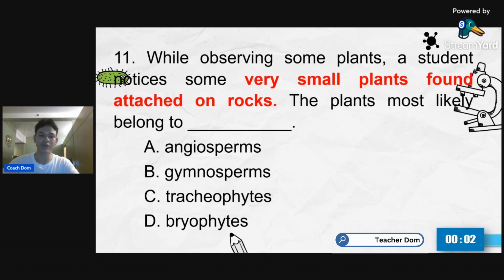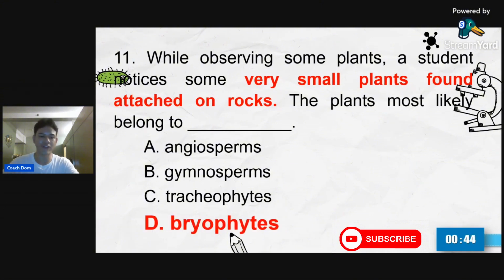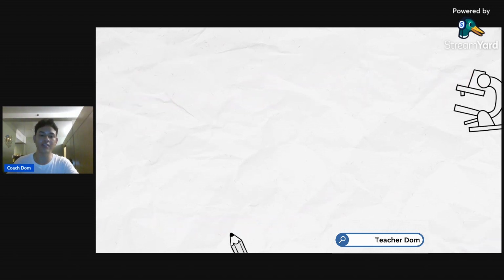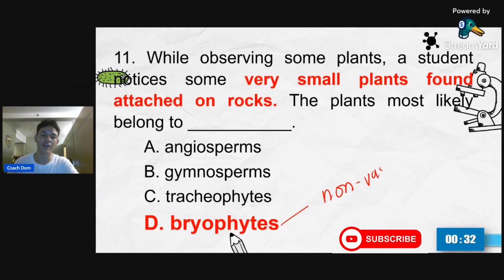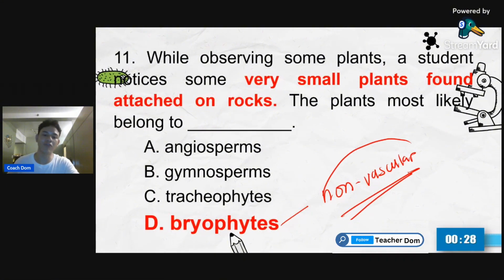Correct answer po for question number 11, that is letter D, bryophytes. Tinatawag din ang mga bryophytes as non-vascular plants. If wala po sa option yung bryophytes, we have non-vascular plants. When you say non-vascular plants, they don't have a vascular system.